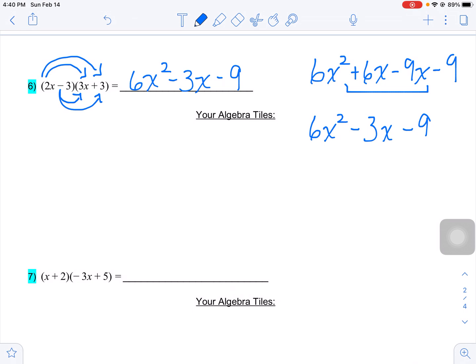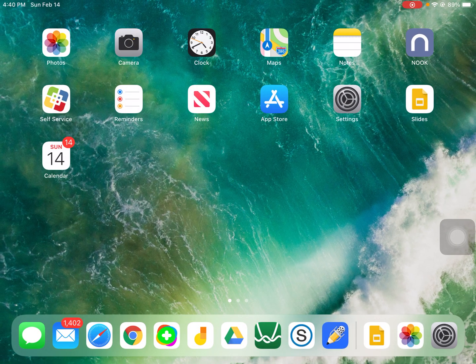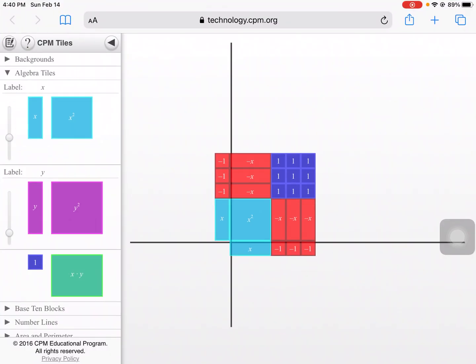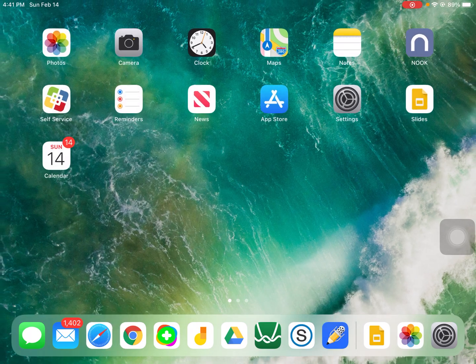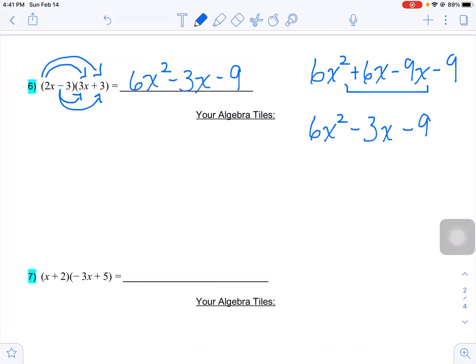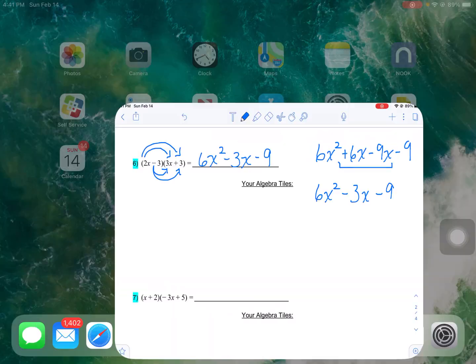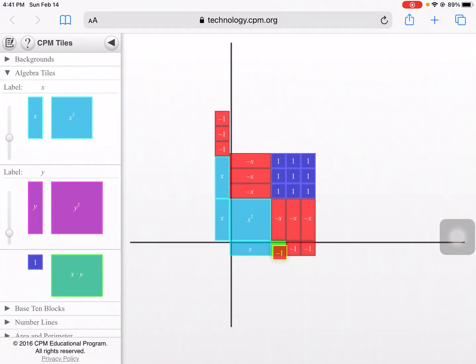And I want to double check that with my algebra tiles now. So I'm going to do 2x minus 3 times 3x plus 3. So here's 2x minus 3. And then 3x plus 3.